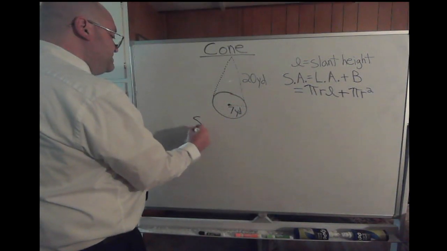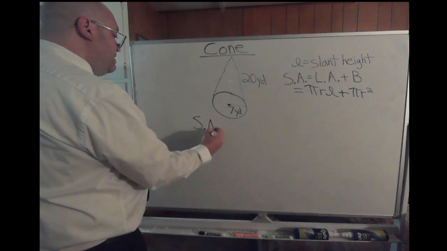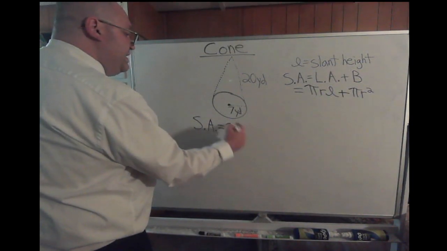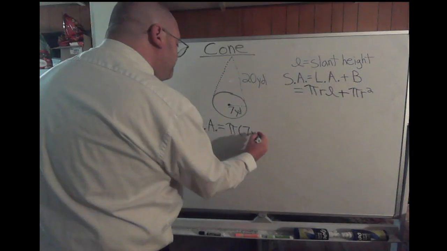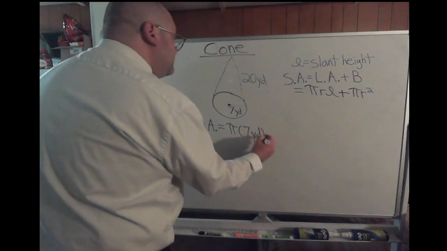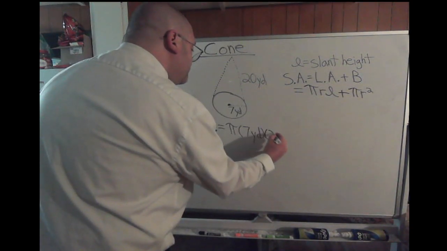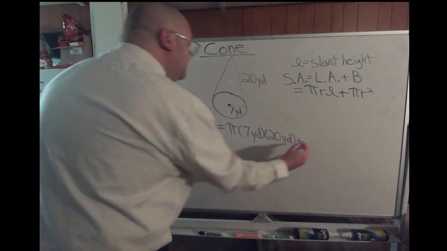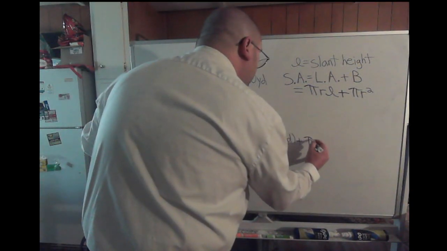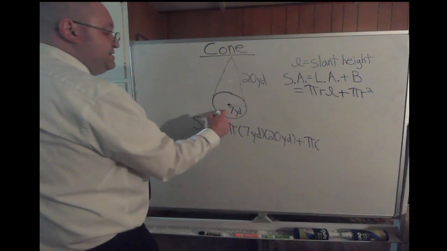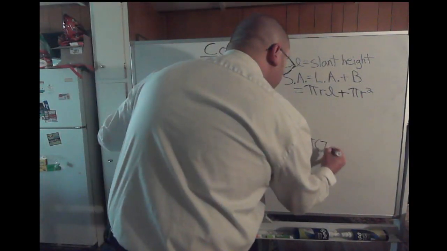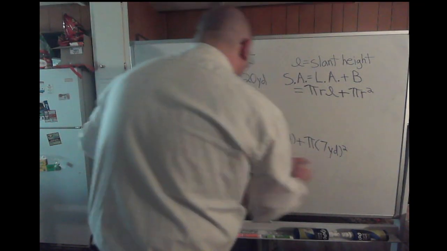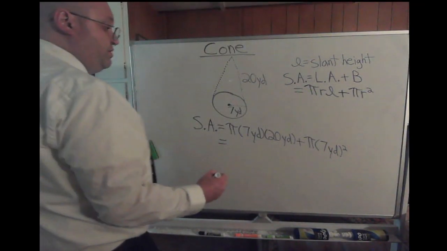To get the surface area, I'm going to take pi times my radius of 7 yards times my slant height of 20 yards, plus pi times that radius of 7 yards to the second power. Well, let's do our first term here.